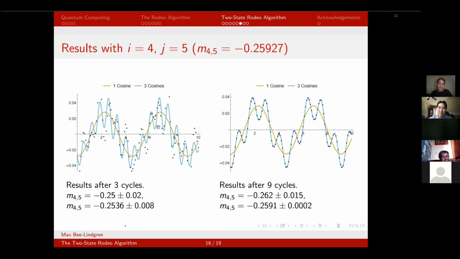However, the 3 cosine fit was able to give a reasonable approximation. That was somewhat surprising. Thank you very much. Good luck with the next. Thank you.